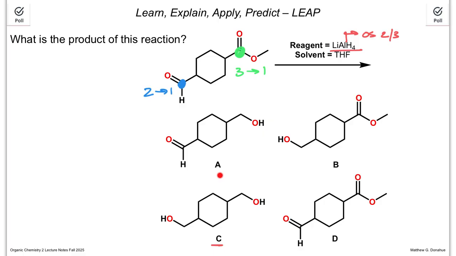But what about A? What if we wanted to make A? Can you see what the issue is?